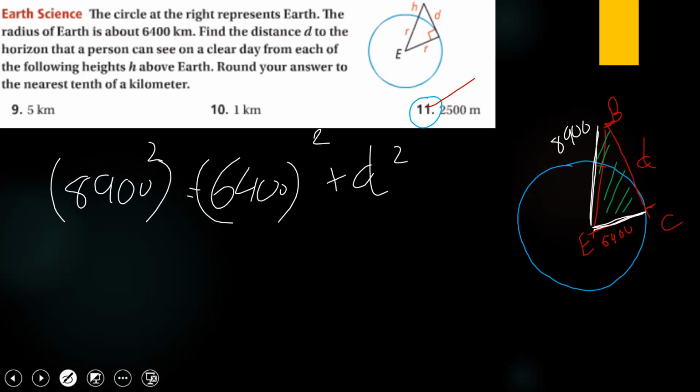You will find that d will be 6,184 kilometers. Yes, 6,184.65.